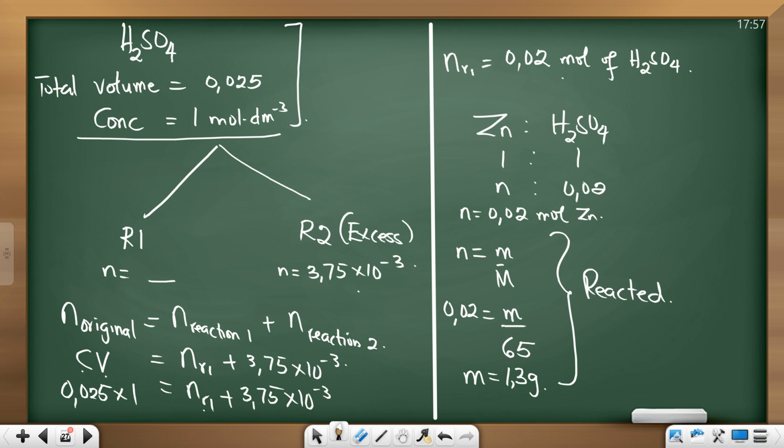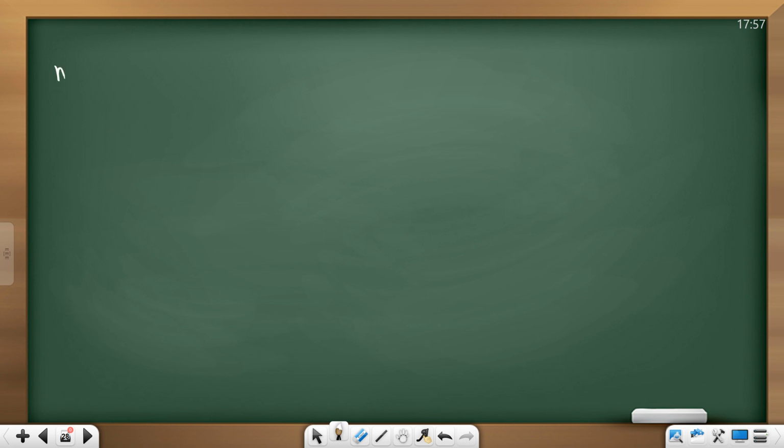So what is the mass of your impurities? If 1.3 is pure, because only pure substances will react, what is the mass of impurity? Mass of impurity would be 2.5 minus 1.3. What's your answer?